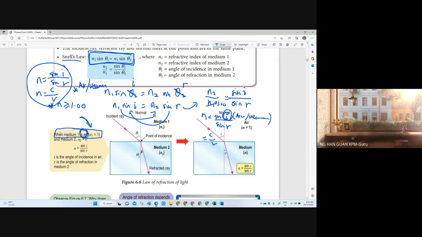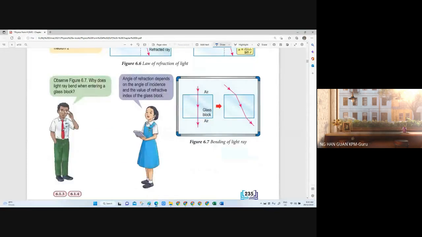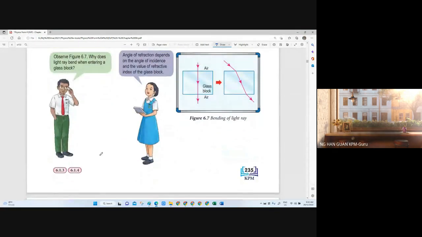It cannot be any other two media. The medium the light enters from, the incidence, must be air or vacuum. Only then can you apply that. So hopefully you understand that.